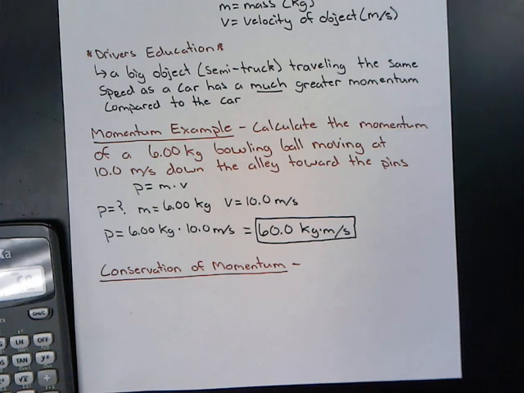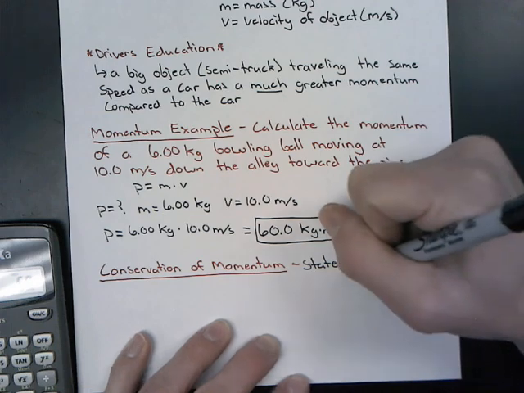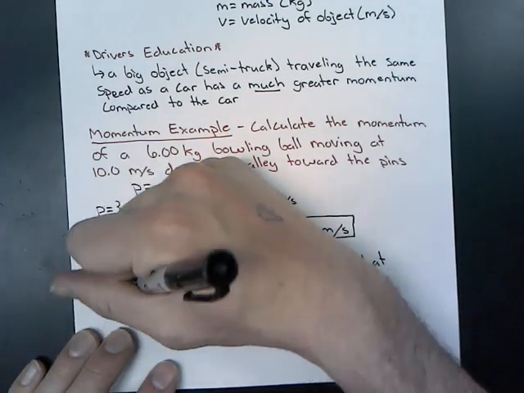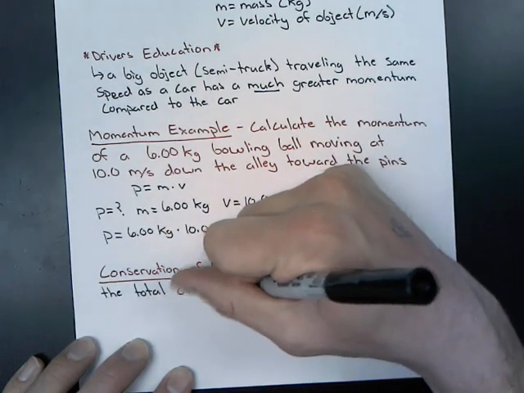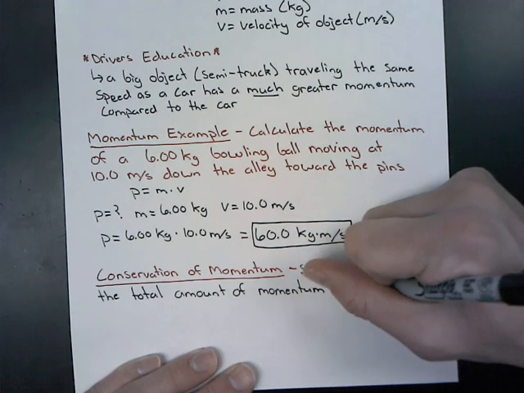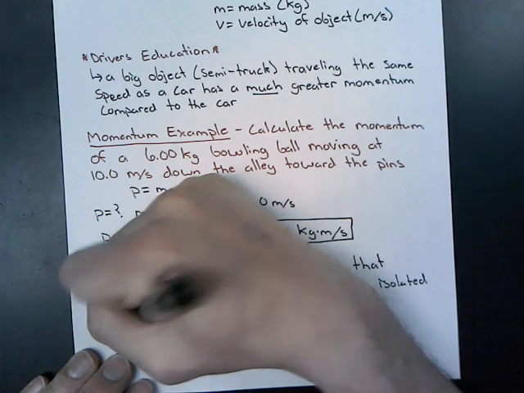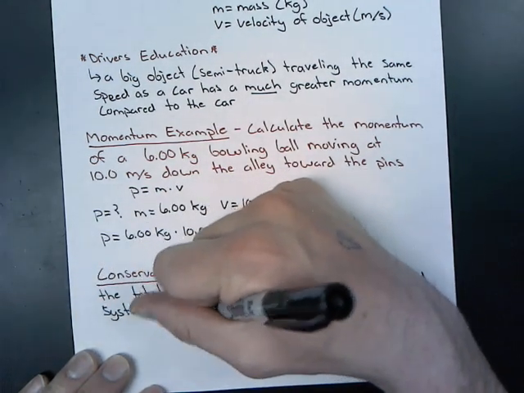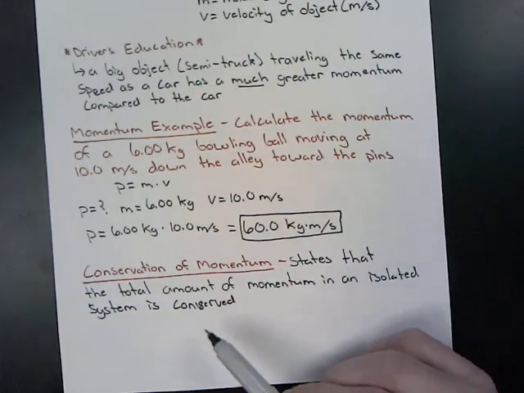We kind of saw it in the cart example: the total overall momentum in a particular system, like the car wreck I just showed you, must be conserved. Got a little misspelling here on conserve.